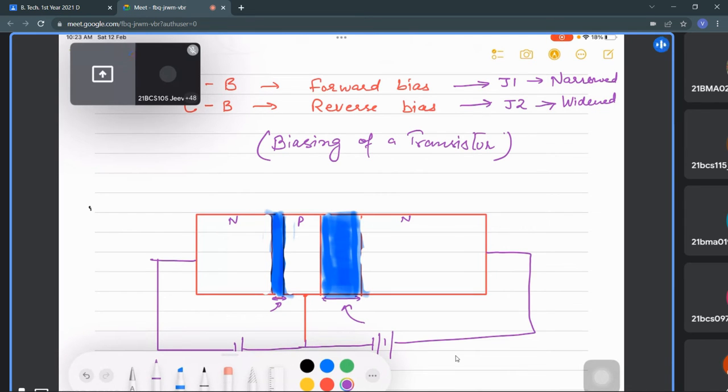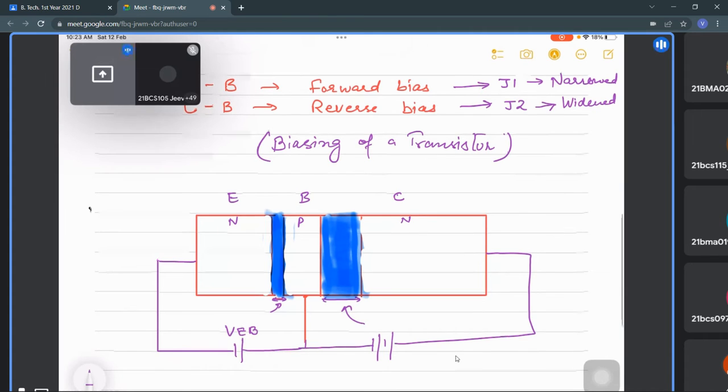Now we know that we have electrons as majority carriers here in the emitter, holes in the base, and in the collector also electrons. So here if you see, because of this VEB, this is going to emit the electrons.